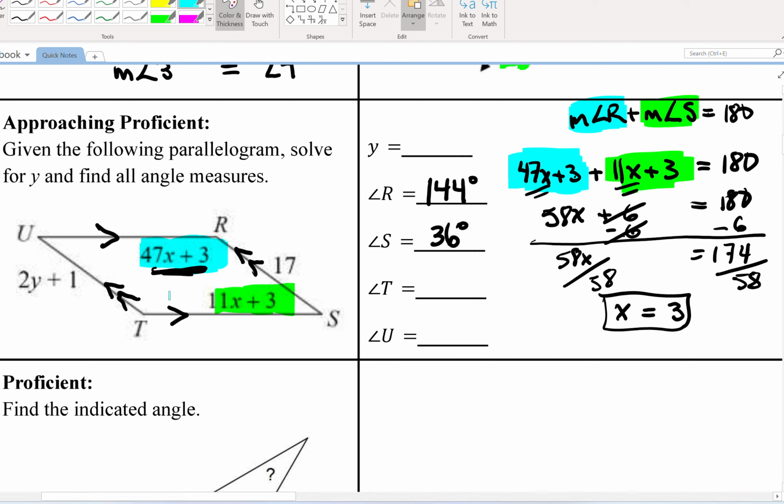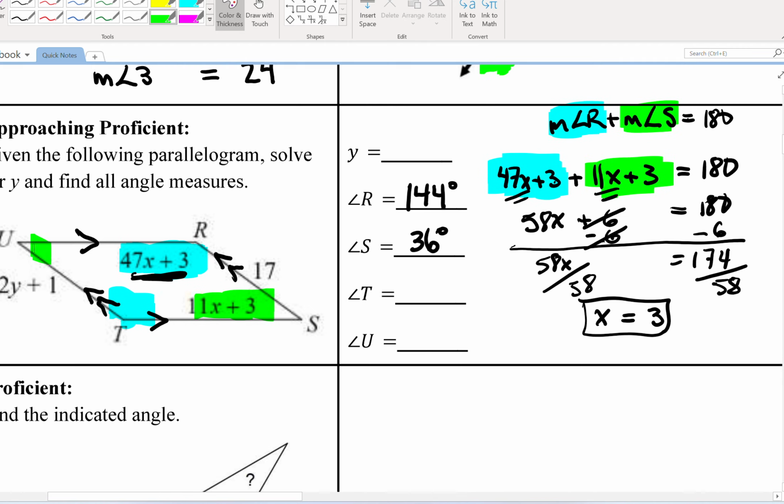So R is congruent to T, and S is congruent to angle U. We can transfer those over. Angle T and R are both 144 degrees, and angle S is 36 and angle U is also 36 degrees.